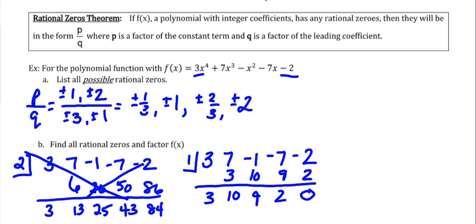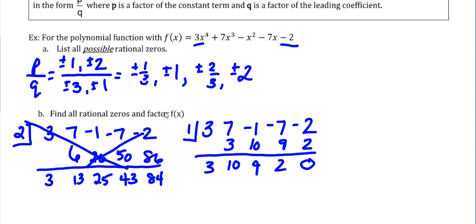This time I got a remainder of 0, so I know that 1 is a 0. I'm going to write that statement down: 1 is a 0. And x minus 1 is the factor.